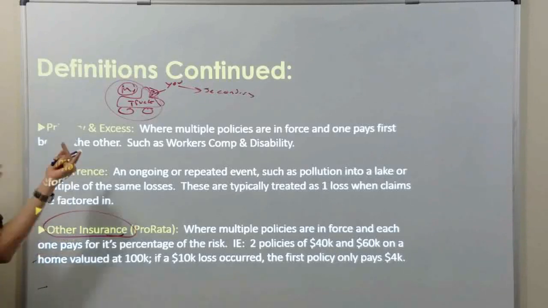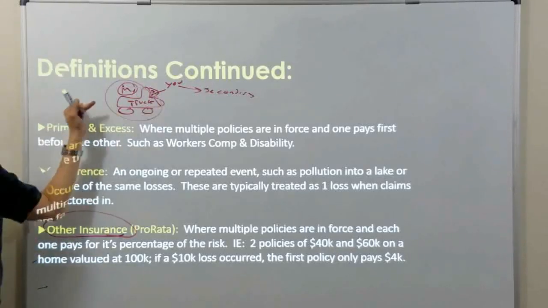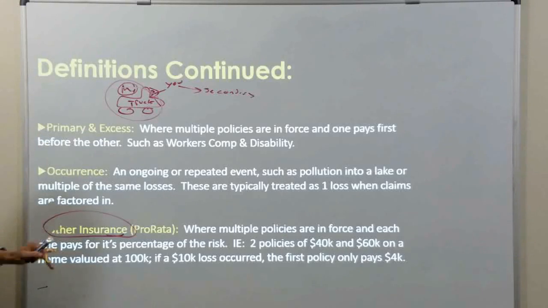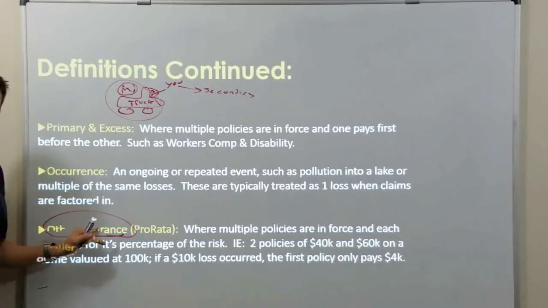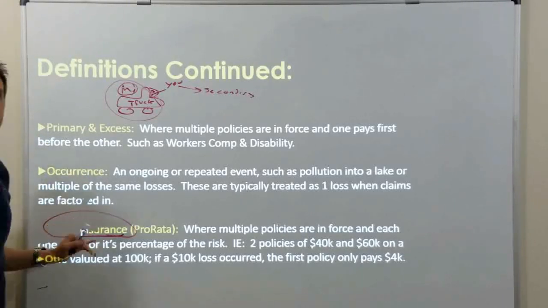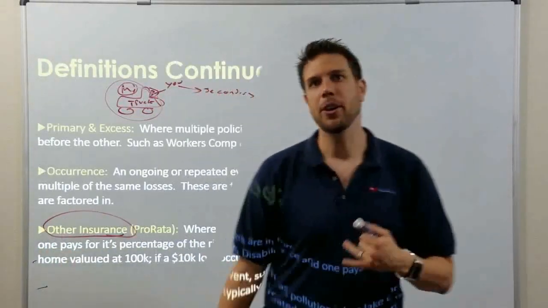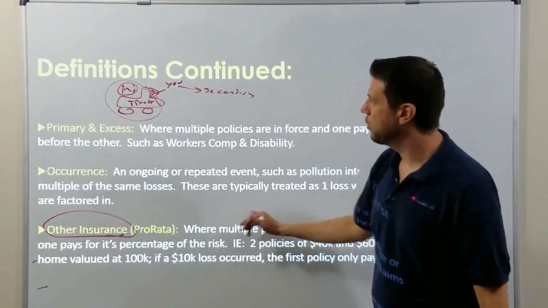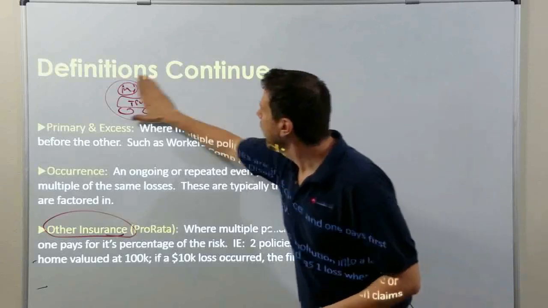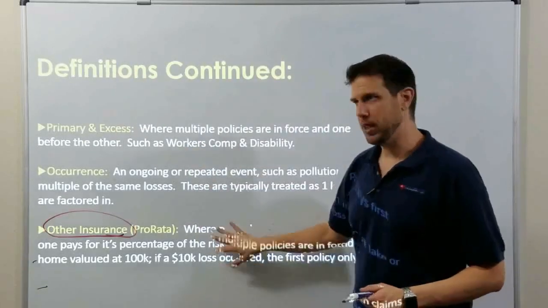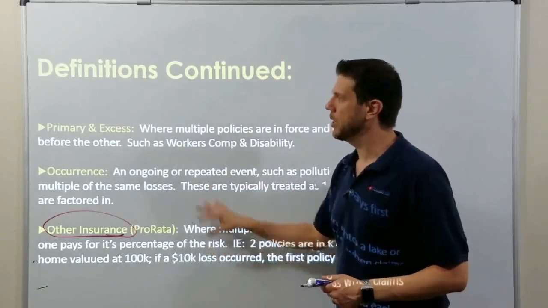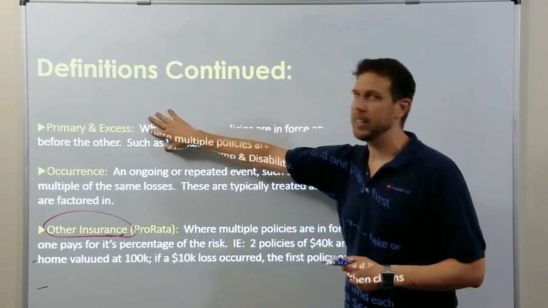So you might actually have 2 insurance policies if you borrowed my truck or drove my truck. That's covered under the other insurance clause. The other insurance clause will determine which plan is primary, which plan is excess when you have multiple insurance policies. This also works in property, but property insurance doesn't use primary and excess.